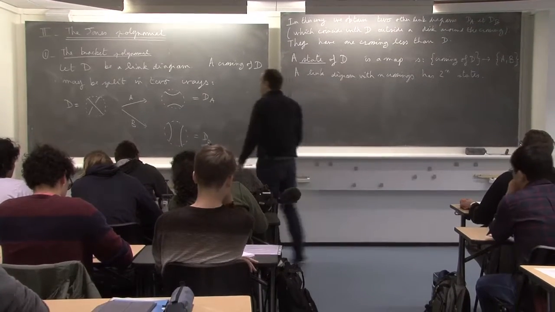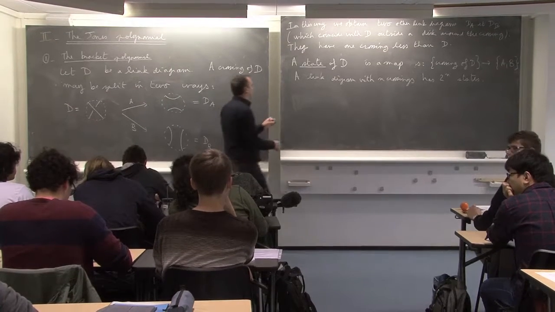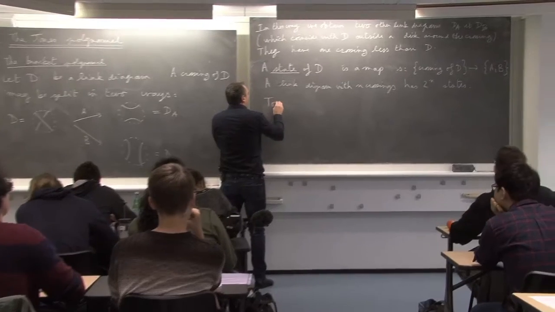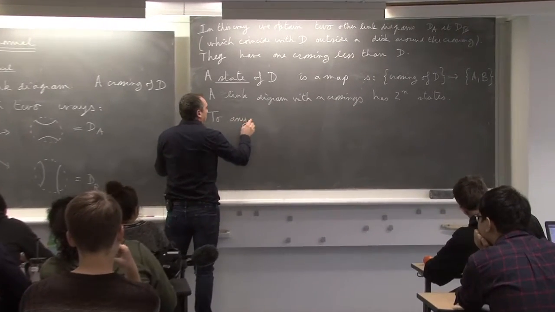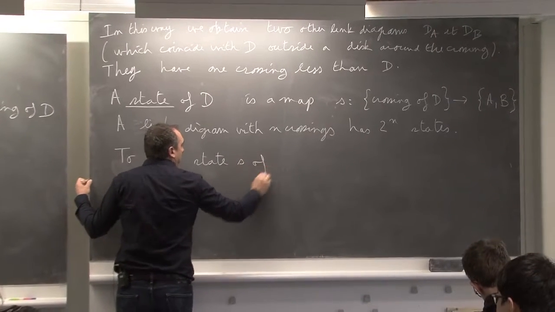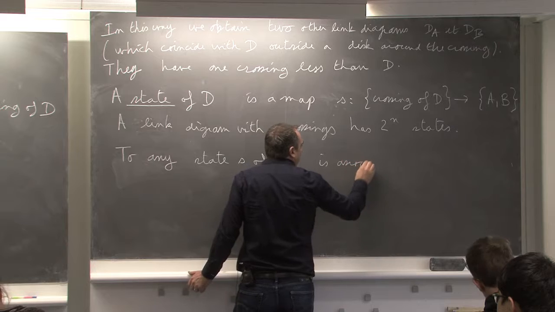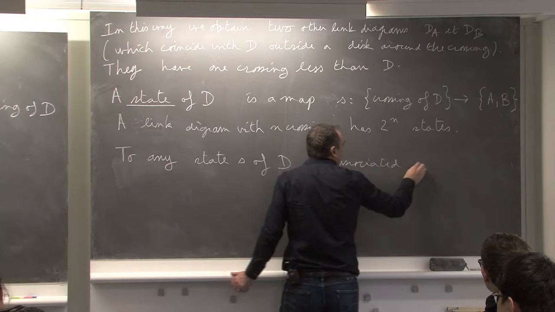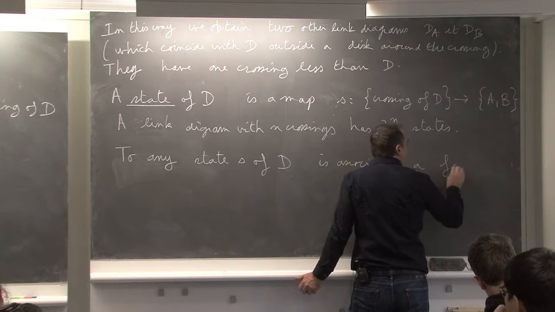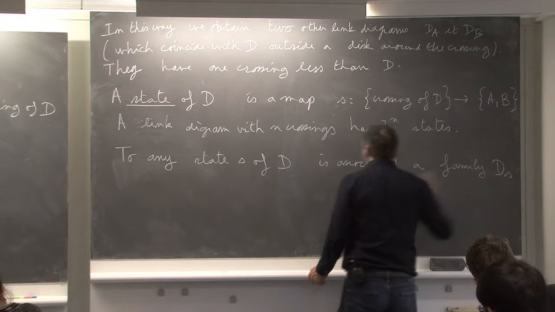So now, to any state S of D is associated a family, let's call it D_S, of what?